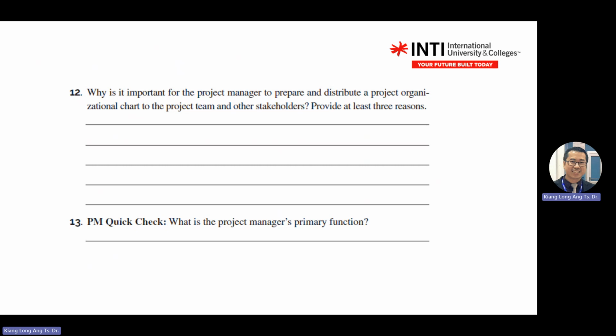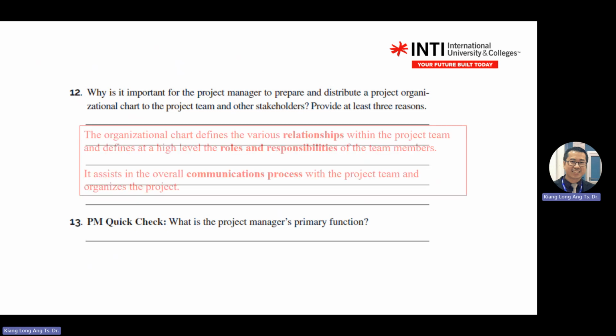What does the position mean? They are what? I'm looking for the keyword. Authority, and what? Responsibilities. Role also, roles and responsibilities.